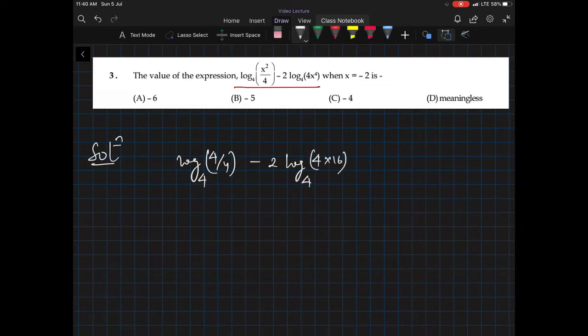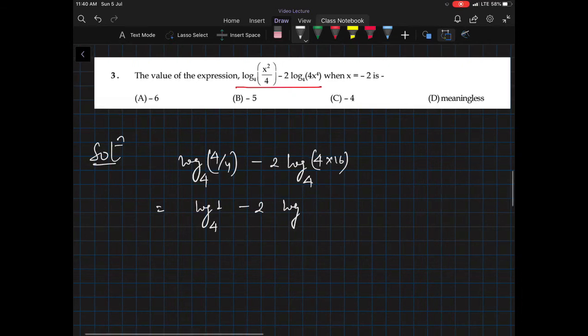So here it will be log base 4 of 16, and this is log base 4 of 64, and this is 4 cubed, and it will give you 0. Log 1 with any base is equal to 0, minus 2 into 3, that is equal to minus 6. So minus 6 is the correct answer.